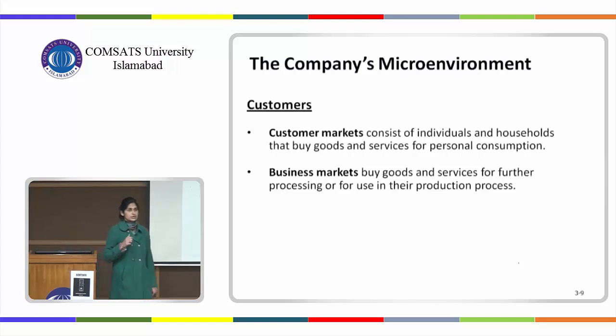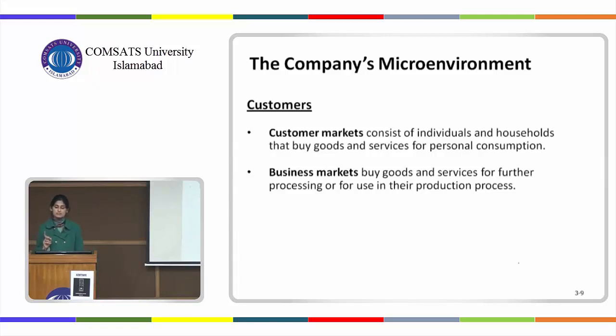Then we talked about customers and the different types of customers when it comes to businesses. The first type of customer is your end customer, the final customer, after which the product would not go into further transformation, right? So that is the customer market.